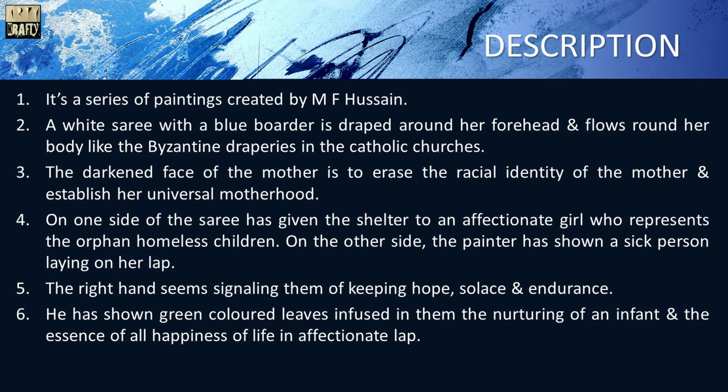On one side of the sari is given the shelter of an affectionate girl who represents the orphan homeless children. On the other side, the painter has shown a sick person lying on her lap. The right hand seems to be signaling them to keep hope, solace, and endurance.